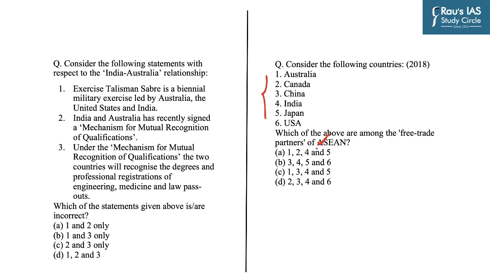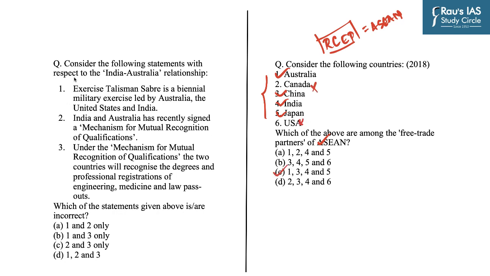And this is, of course, a question which was motivated because India back then was negotiating RCEP, or Regional Comprehensive Economic Partnership, which eventually India did not sign. RCEP was nothing but ASEAN plus Australia, China, India and Japan, and so leaving out 2 and 6. So the right answer, of course, was C.